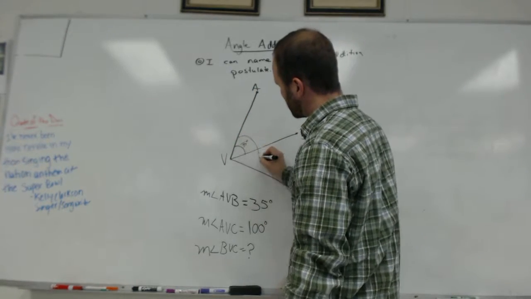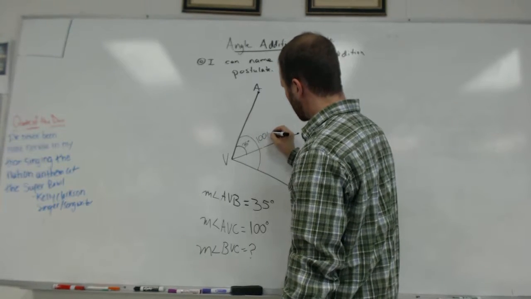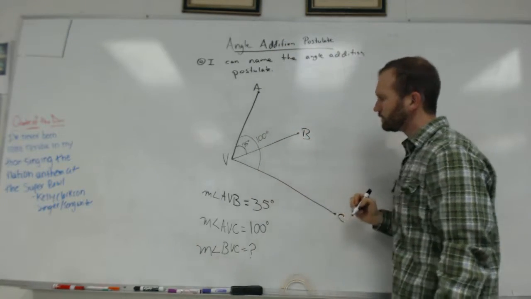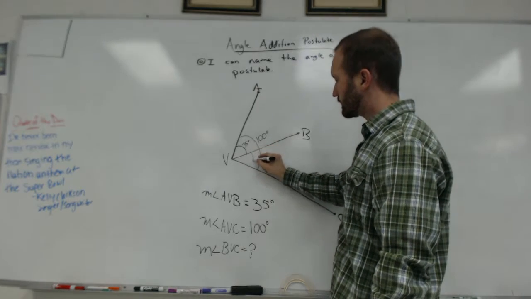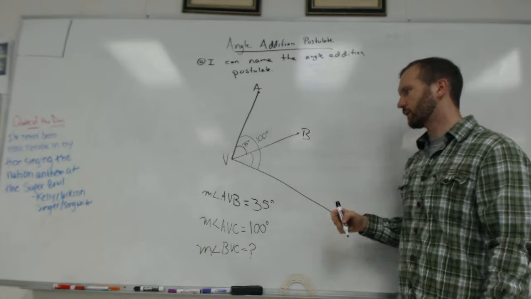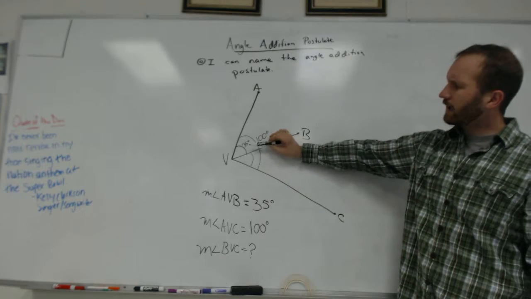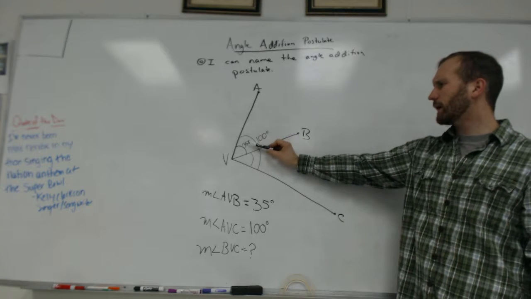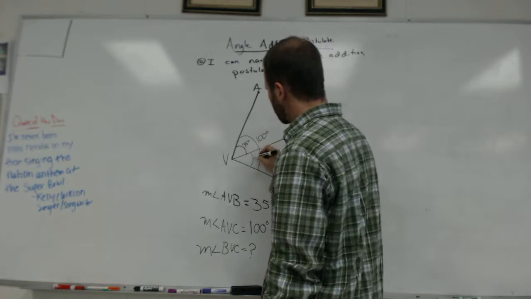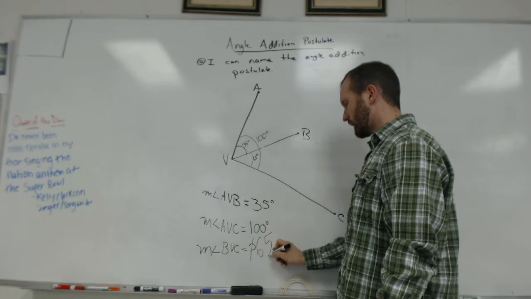So the measure of this is 100 degrees. And then I'm looking for just the measure of this here, which must be added to 35 to equal 100. So 100 minus 35 would be 65 degrees. So this one would be 65.